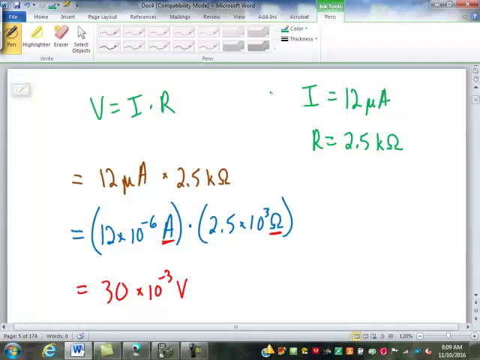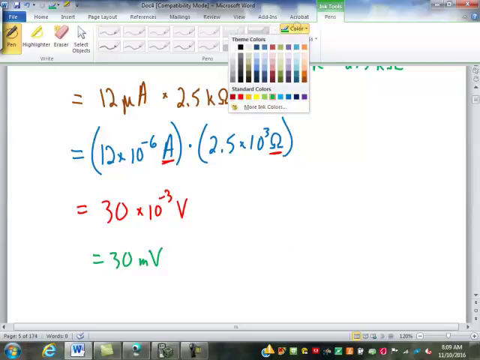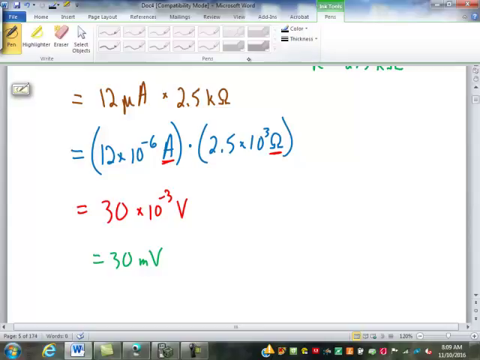So this comes out to be 30, 10 to the negative 3, which is millivolts. Does that make sense? There might be 1 or 2 on a quiz.